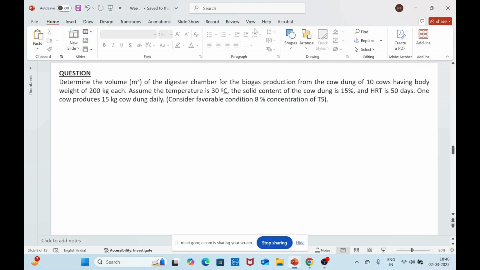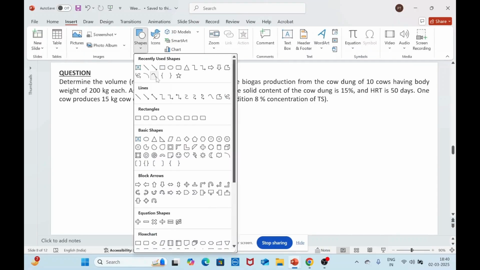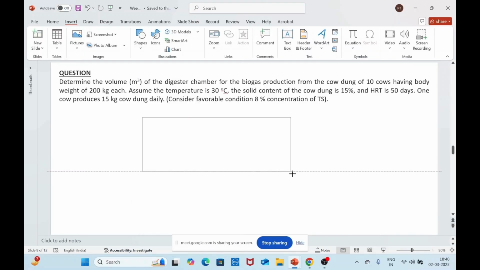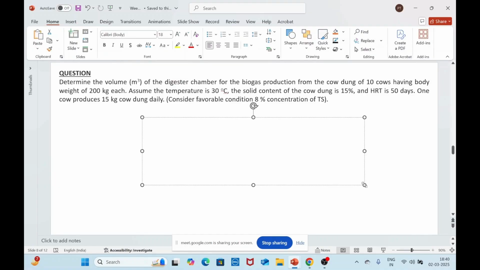It's a straightforward question, so I think I will start solving it because somebody has told the answer to this question also. So one cow produces around 15 kg of cow dung.